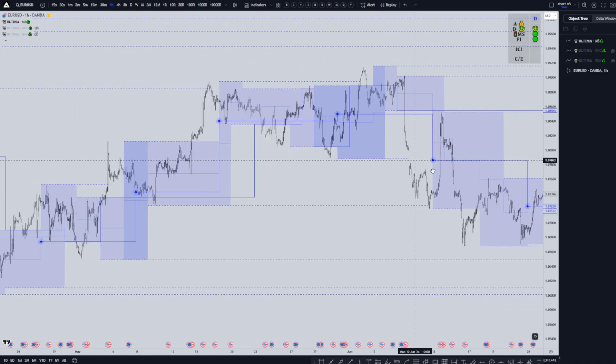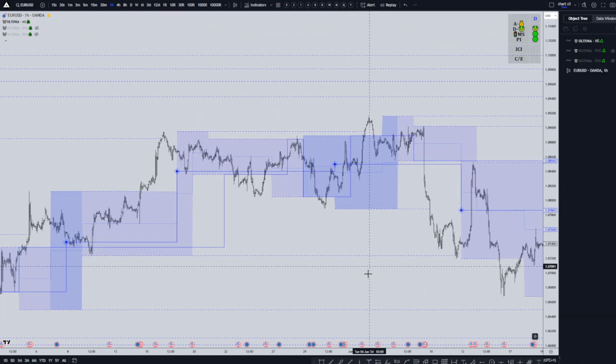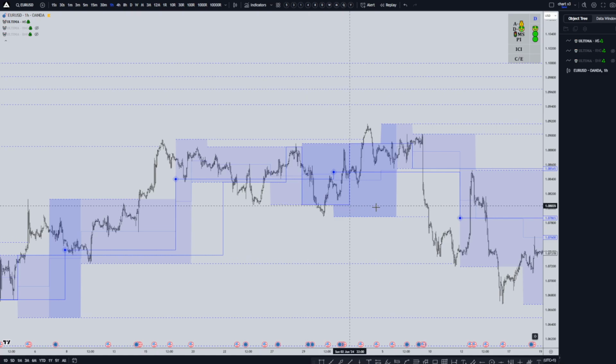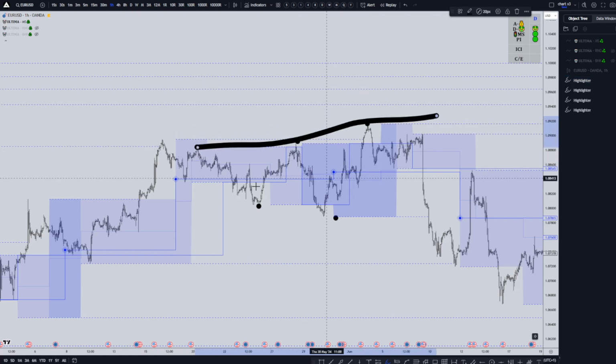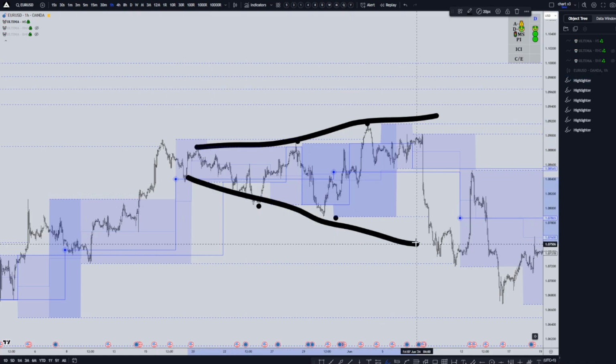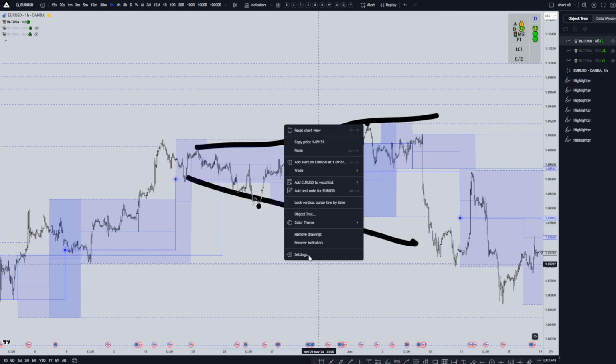You can see here how for quite long we've been making structural low, structural low, structural low, higher and higher, right? So you can see how we've been expanding, right? The main thing is to just focus on high of the day, low of the day because of the time range, right?